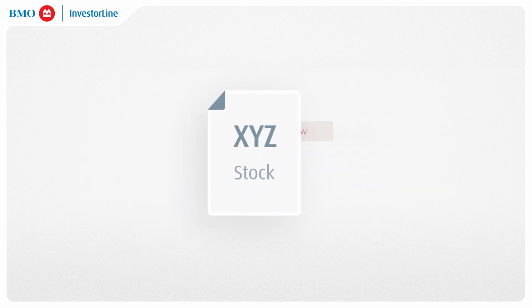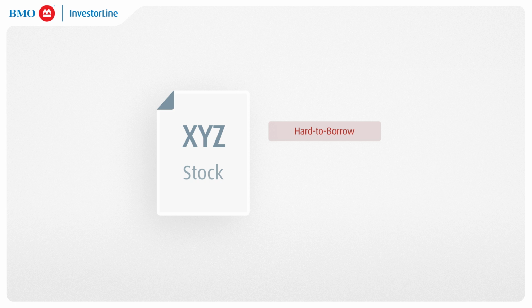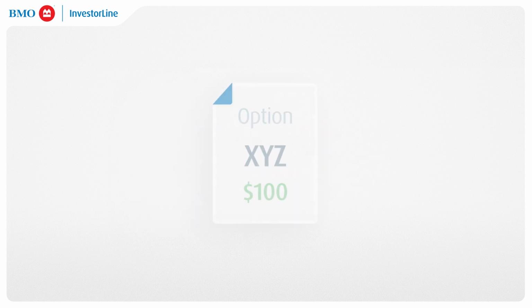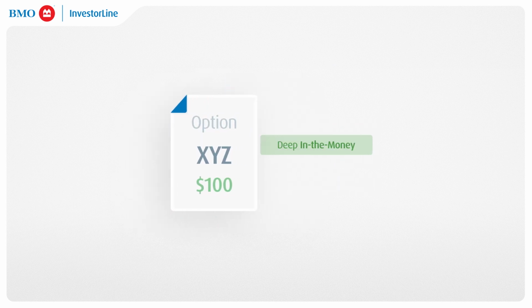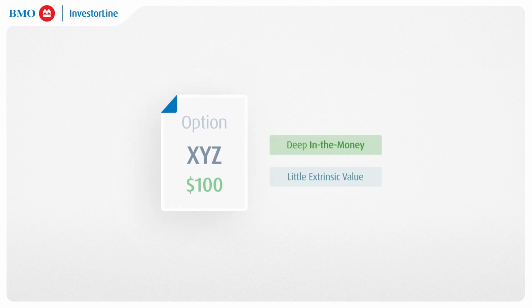Also, stocks that are hard to borrow are at higher risk of early assignment, sometimes referred to as a synthetic dividend. The buyer of a call option can benefit from an early exercise by lending out the stock that they acquire through the exercise. And lastly, options that are deep in the money with little extrinsic value are also at a higher risk of early assignment.